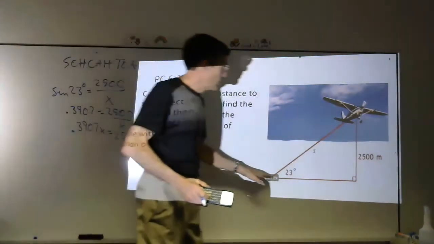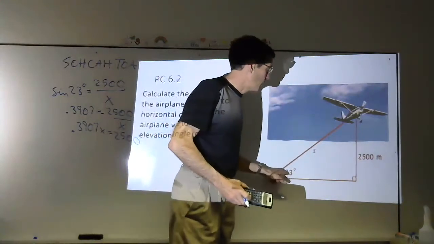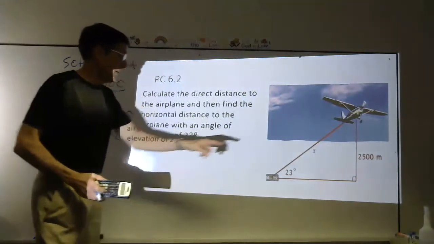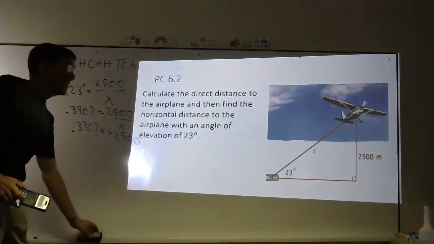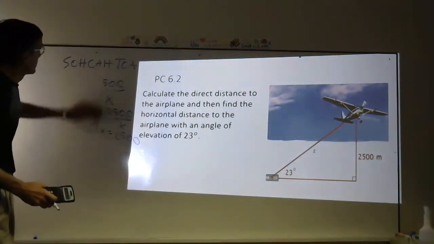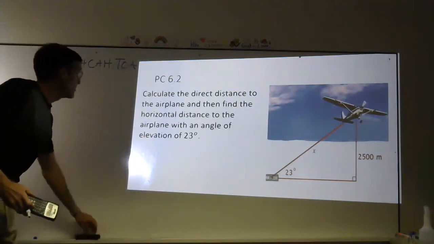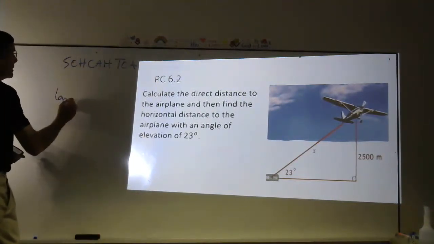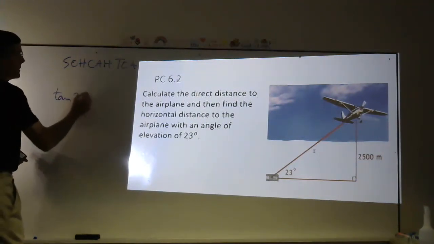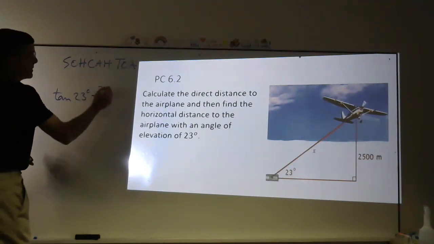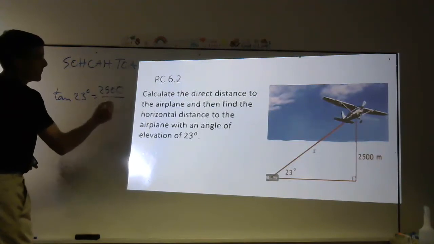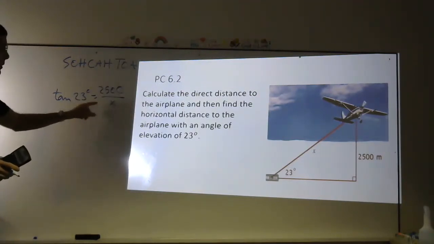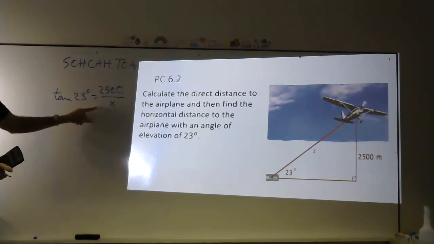The horizontal distance is here, so with the 23 degrees, I have the opposite side and the adjacent side, and that is a tangent. Set up tangent of 23 degrees is the opposite side over the adjacent. And once again, when you go to cross multiply, you're not going to get the answer directly.